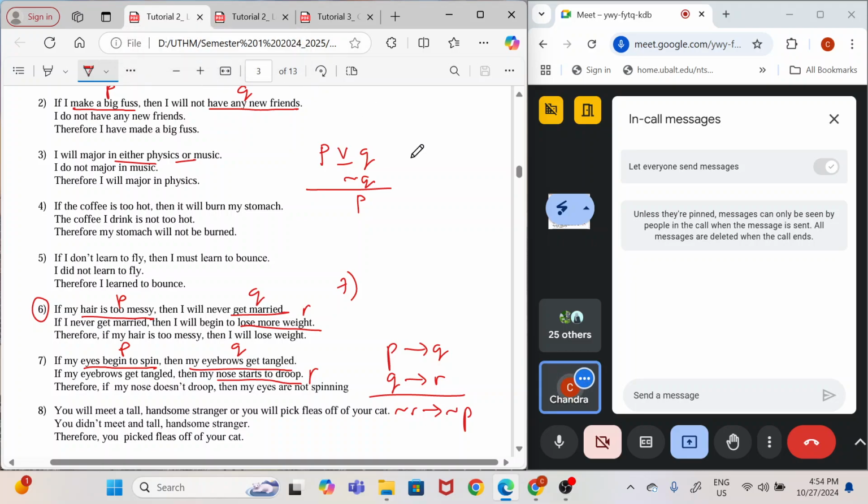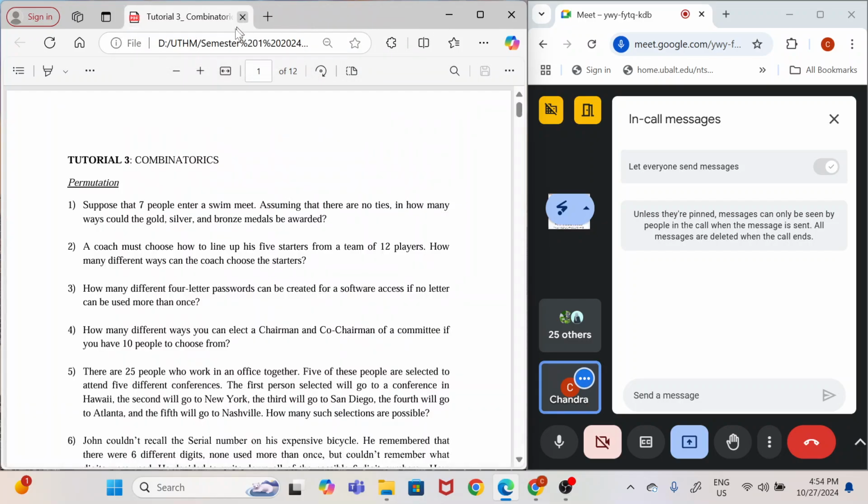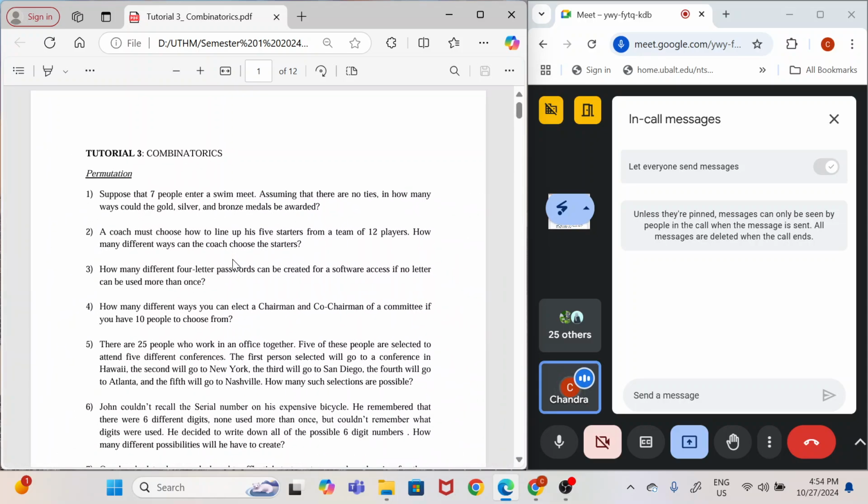Okay, the one we did just now, which is combinatorics. Okay.